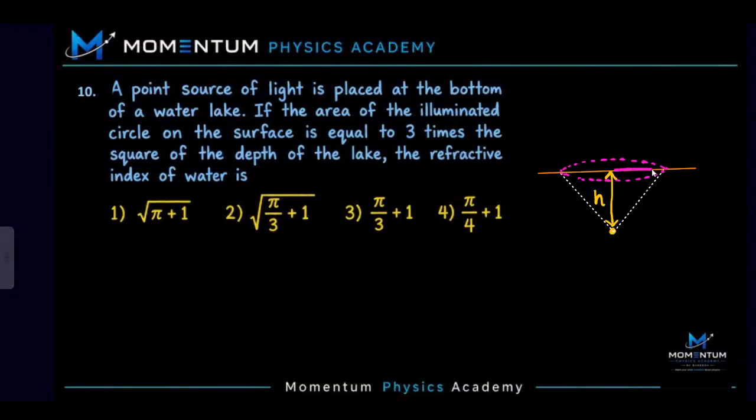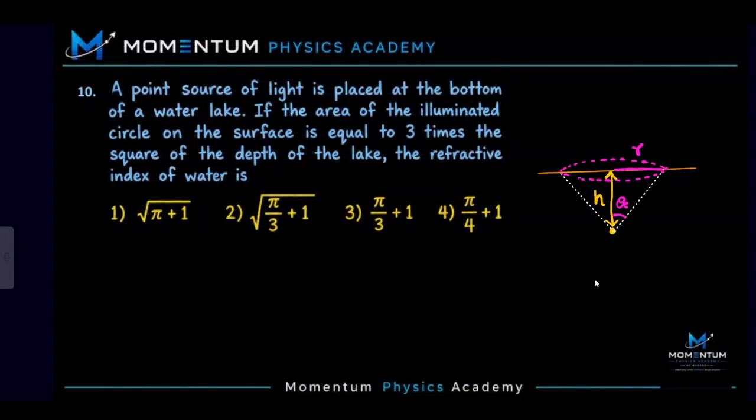Here this is called the radius, that is R. And as you can see, this is the critical angle, theta C.